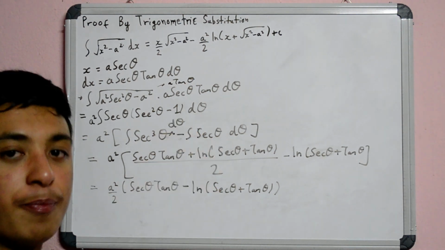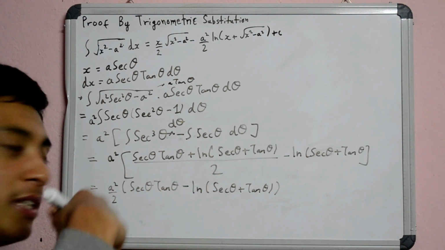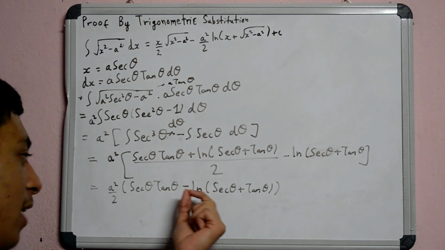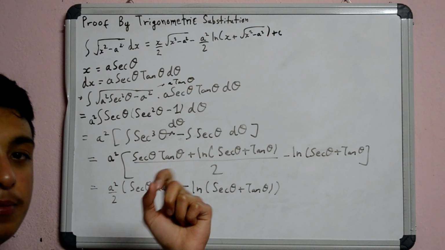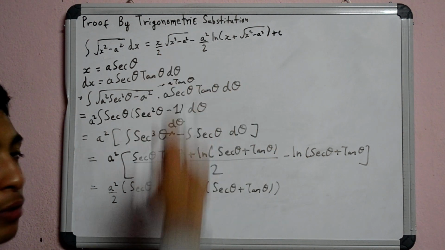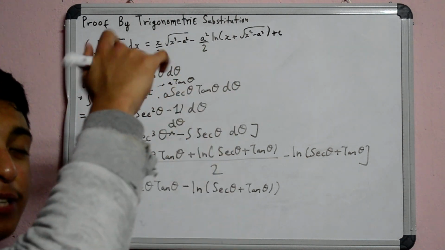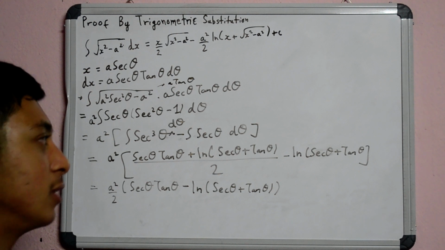Now from this step on, if you watched my previous video, the exact steps are going to be as in this, except that this minus sign will just be positive in the previous video, and except for x square plus a square, we have x square minus a square. Those are the only two differences. The steps are the exact same with the exact same logic.